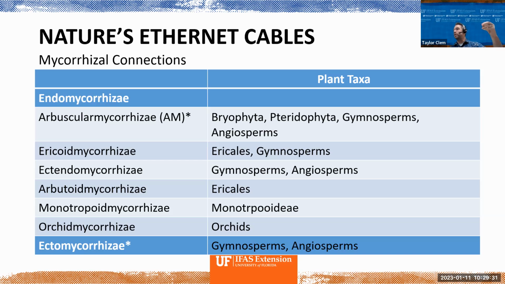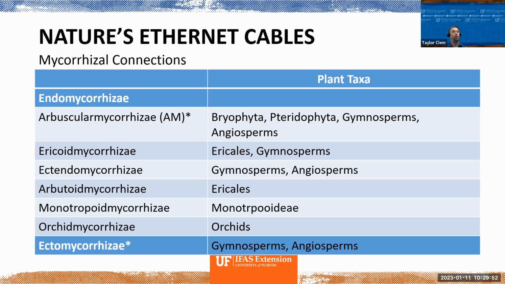The endomycorrhizae actually penetrates the cellular walls of the roots and gets inside the cells. Ecto, outside. They stay outside the plant cells themselves, but they can still work their way into the root. So we have those two major classifications, endo and ecto.